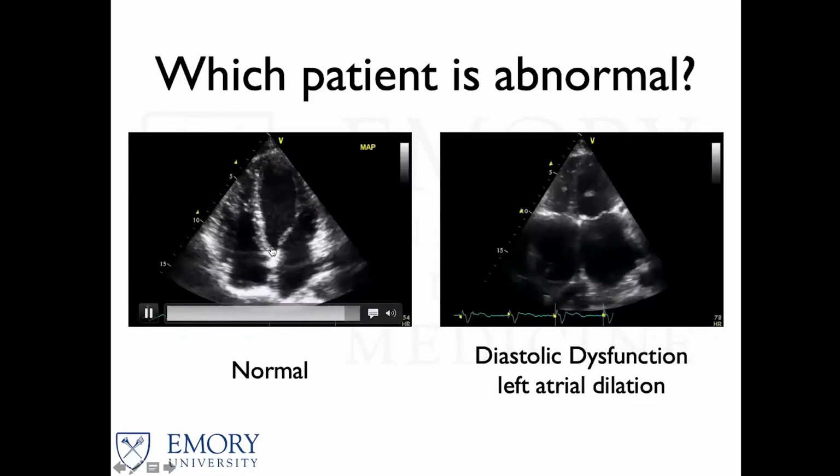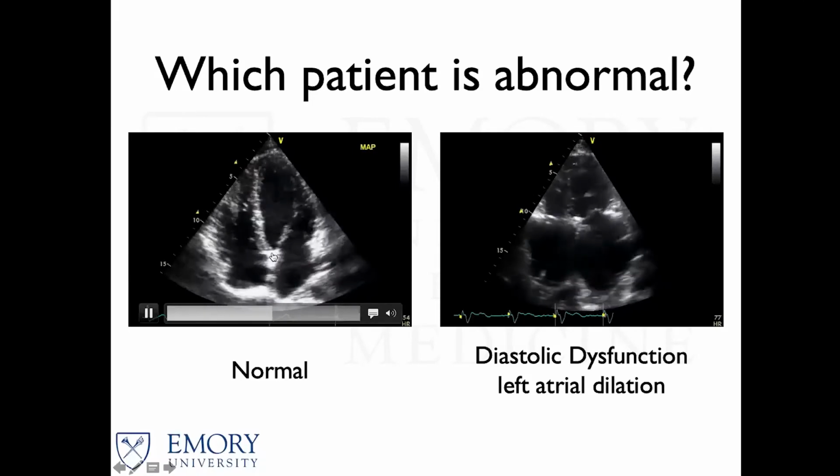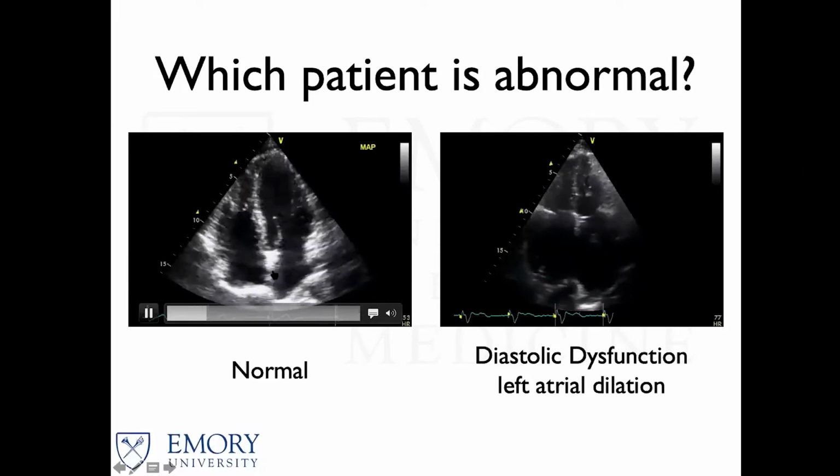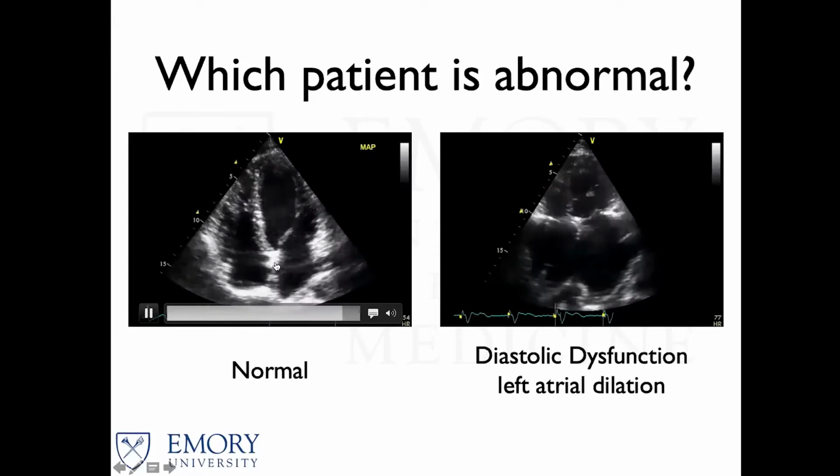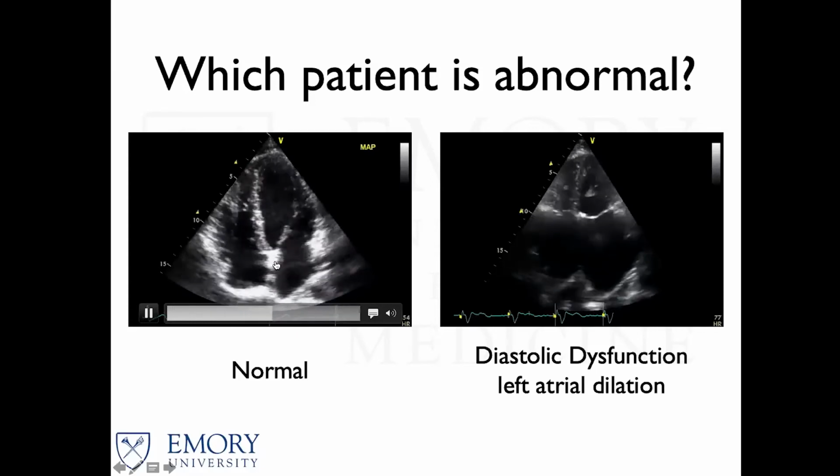Now we can measure the amount of bounce that the heart has. And this downward motion we can use as a surrogate for relaxation with tissue Doppler.